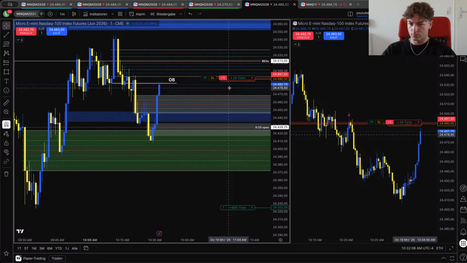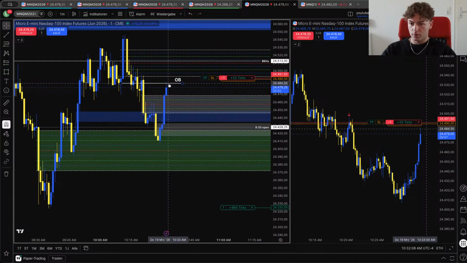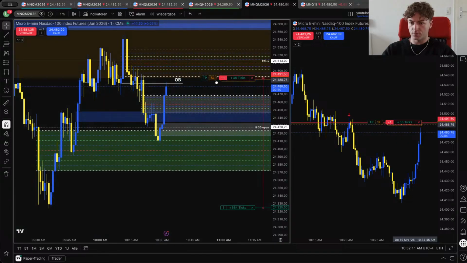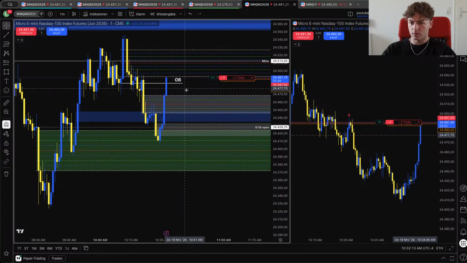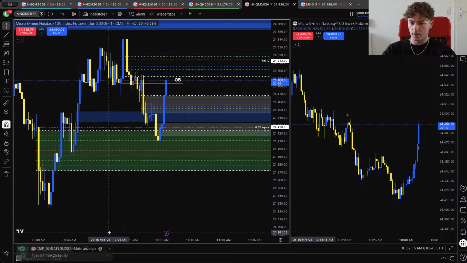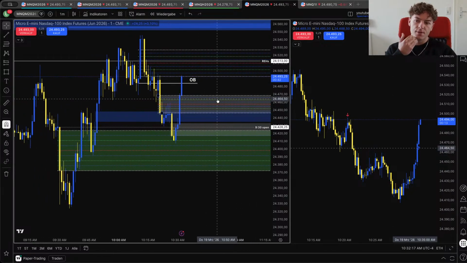Okay. Order block. The only thing that is protecting my stop loss now is the order block. Okay, got it. Okay, whatever. Stopped out at break even.